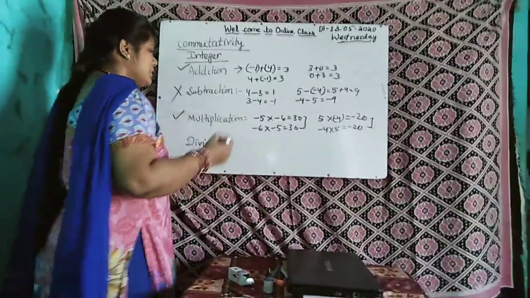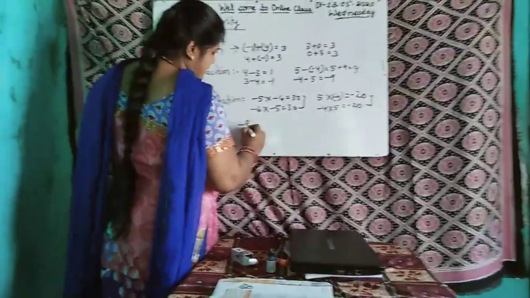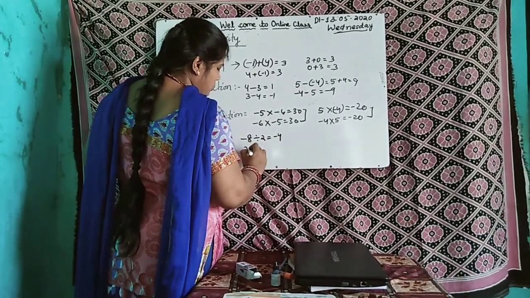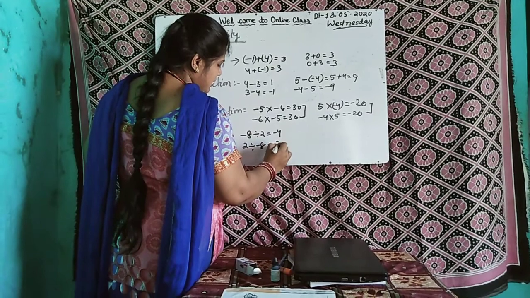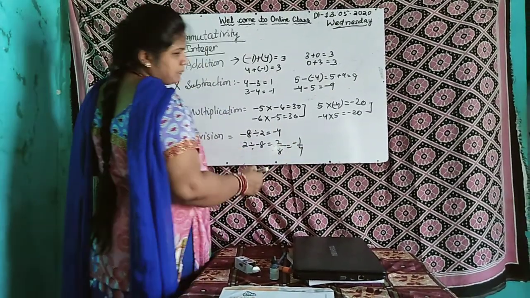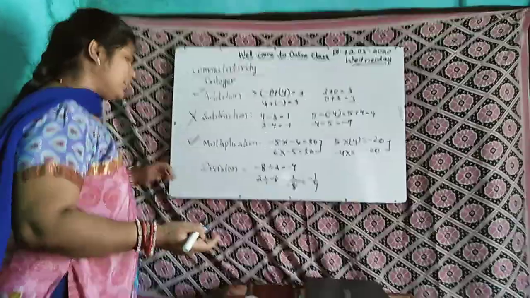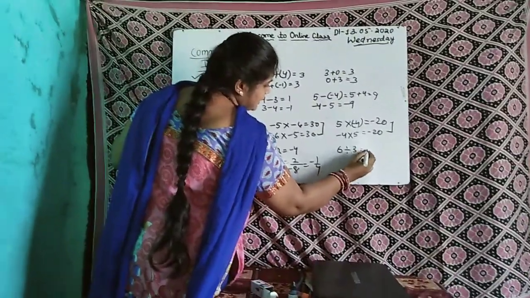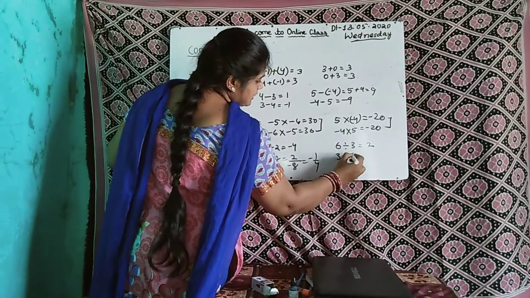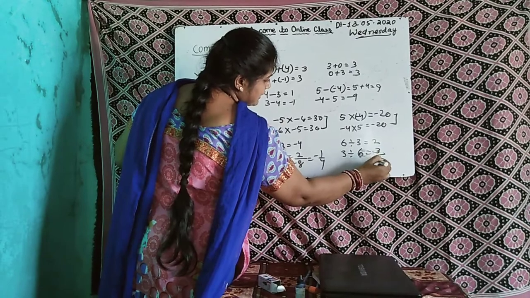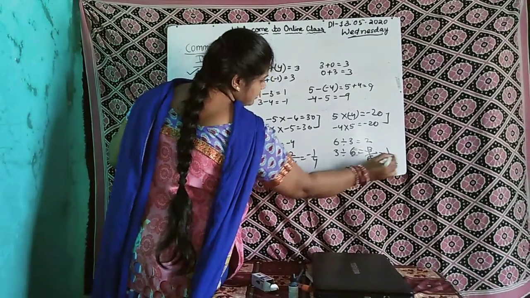Then come to division. Same procedure. Suppose you divide -8 by 2, you get -4. 2 divided by -8, you get -1/4. Different answer. Suppose 6 divided by 3 is 2. 3 divided by 6 is 3/6, that is 1/2.